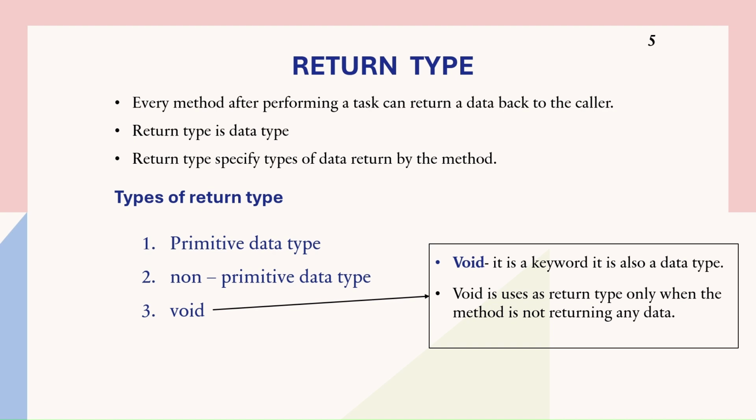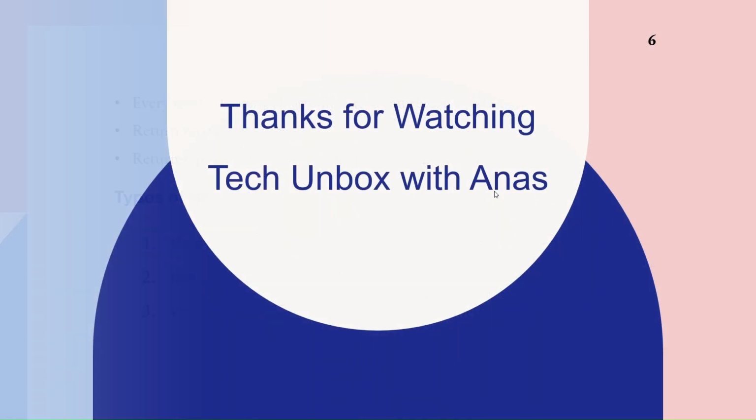Void is used as a return type only when the method is not returning any data. Means if your method is not returning any data, that means your method will be void. Means your method should be declared as void instead of a string type method or integer type method. That means your method cannot return any data. That's all about in this video.